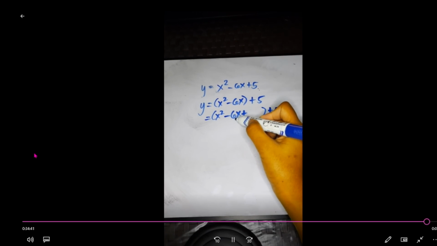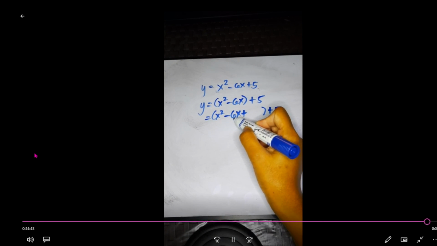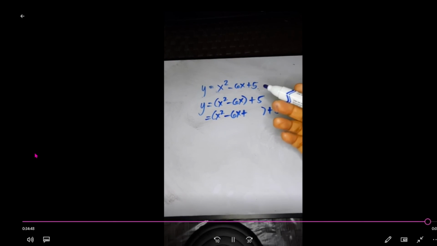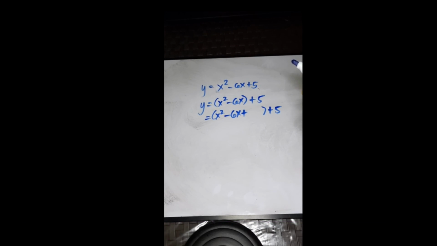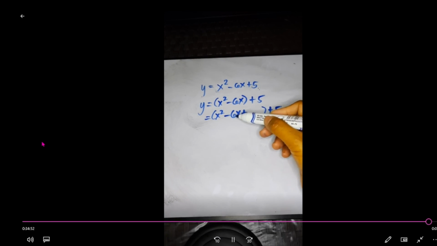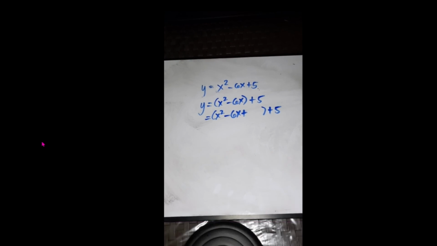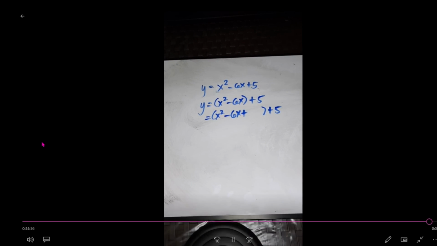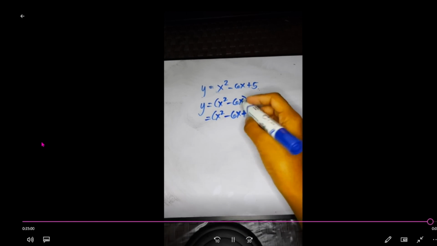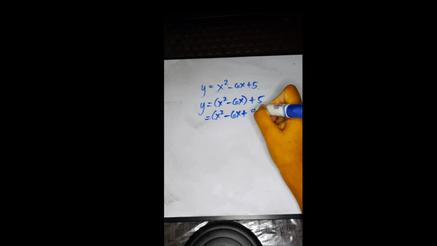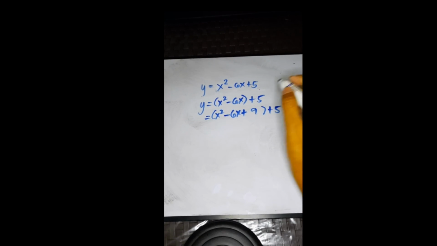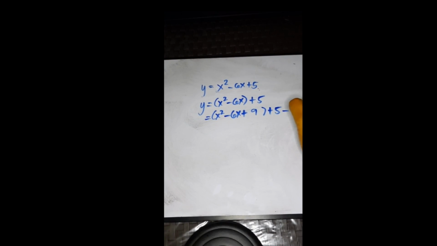So, we have to divide the value of b by 2 and then, yes, square. So, negative 6 divided by 2 is negative 3. Negative 3 squared is, yes, positive 9. So, pag nag-add kayo dyan ng 9 dito, magsusubtract naman kayo. Okay? Para mag-cancel out.